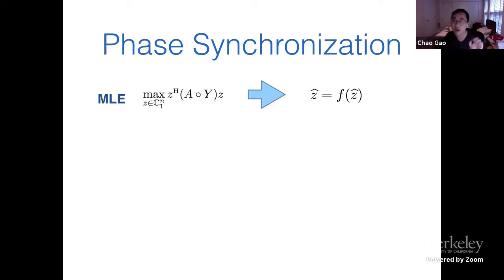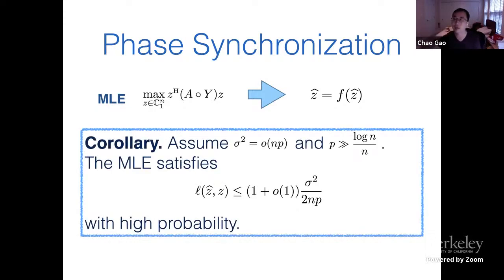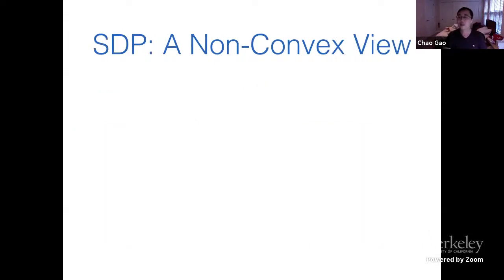Because of this property, the previous lemma that characterized the property of F also gives you the statistical optimality of the fixed point of F, which is the maximum likelihood estimate. So here, the proof of the optimality of the MLE is not through analyzing the MLE directly, but from analyzing this estimator from an algorithmic perspective.